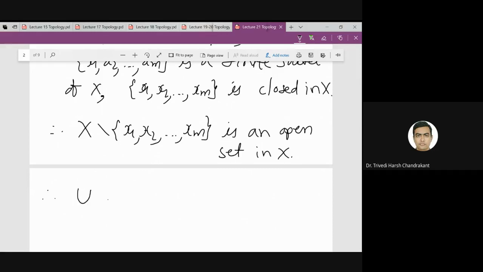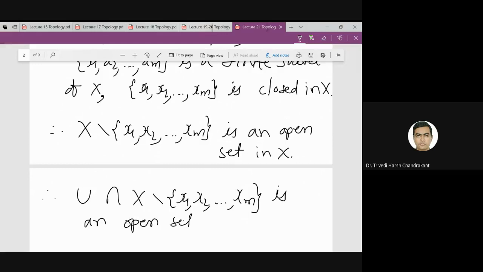So therefore U intersection X minus x1, x2, xm is an open set in X, right?